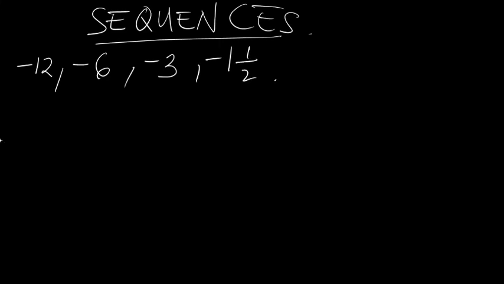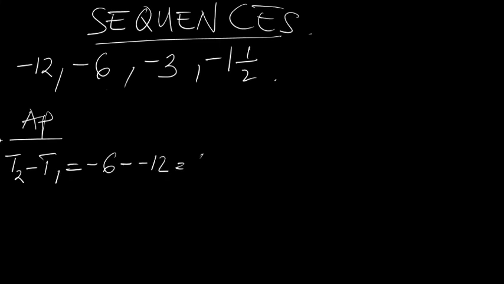Now, let's use the arithmetic progression method to see if we can see any pattern here. Let's say the second term minus the first term. So we just say minus 6 minus minus 12. This will give us 6.